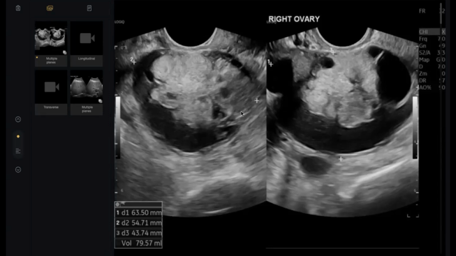Okay, this is cystic. What is inside the cyst? It appears to be like a soft tissue lesion, I think. Is it a soft tissue lesion? What will you do next?